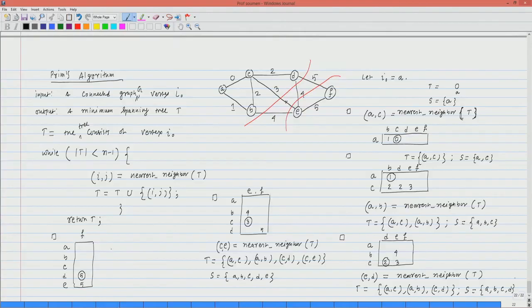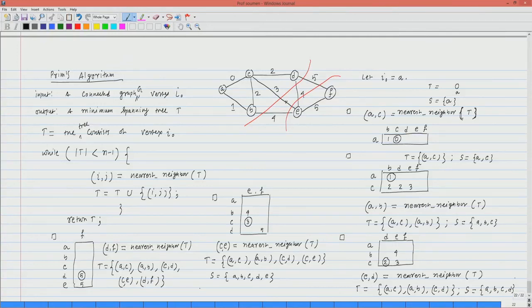So, the output of the nearest neighbor is DF, which is the nearest neighbor of this tree. So, you update your T finally, and this is the final T. This consists of AC, AB, CD, CE and DF.